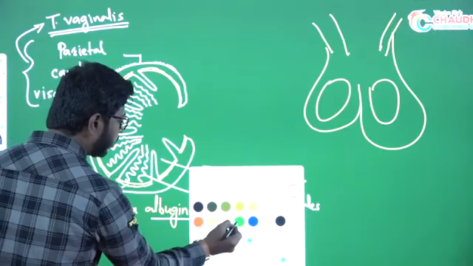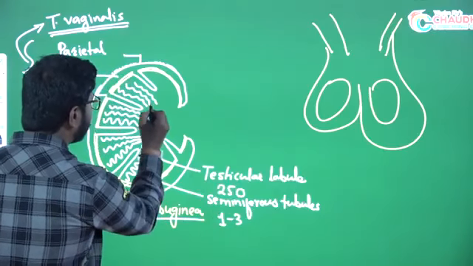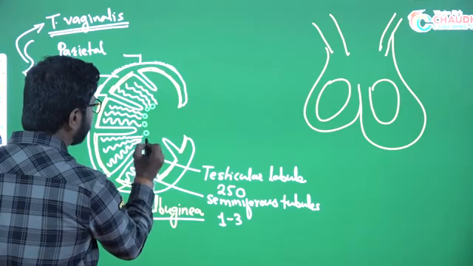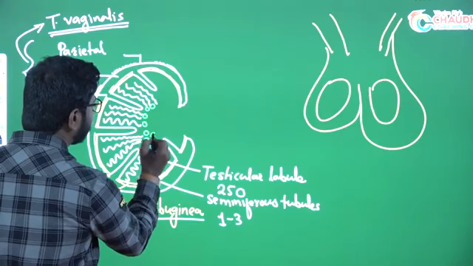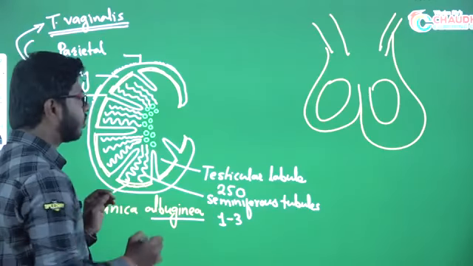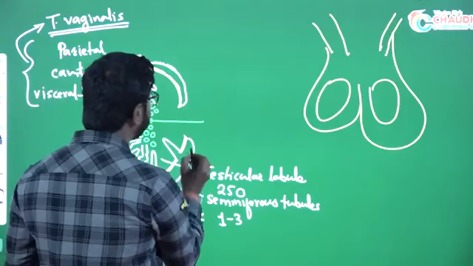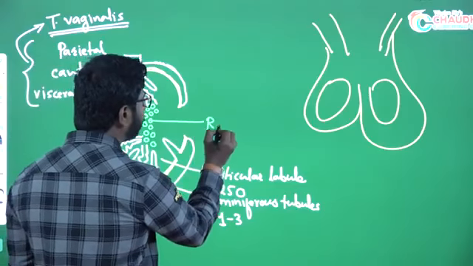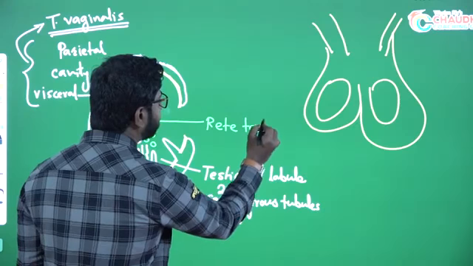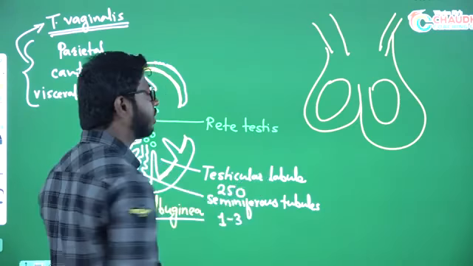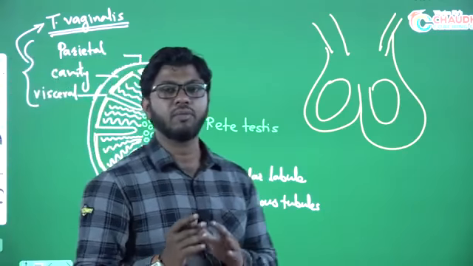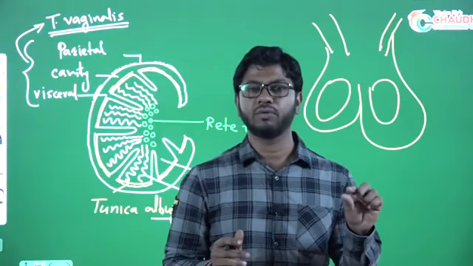Now I am showing that duct with the help of this structure. So these are the network-like structures. This network of irregular ducts is known as rete testis.